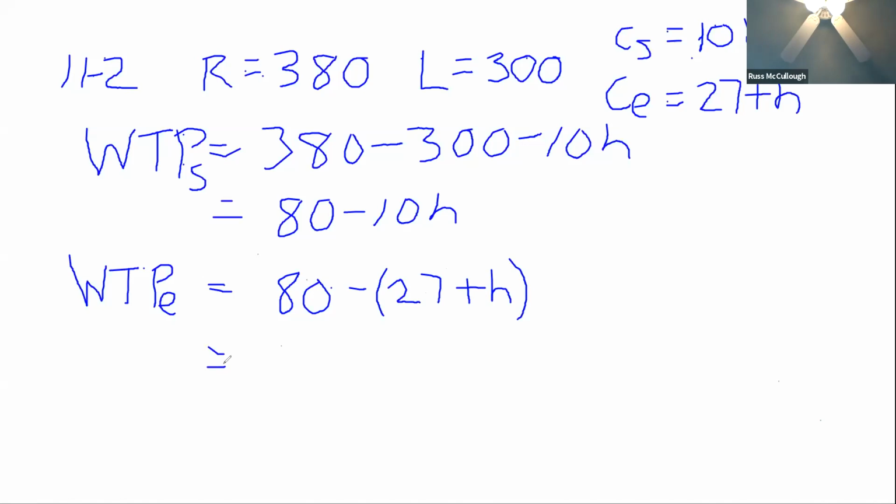So 80 minus 27 is 53. If you got a calculator handy, there's a few things that we might punch into a calculator. So if you got a standalone one or have an app ready on your laptop or whatever. And of course, the 80 minus 27 is 53, and then we've got minus h.